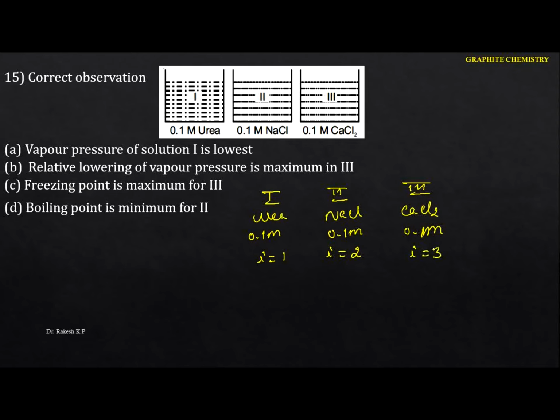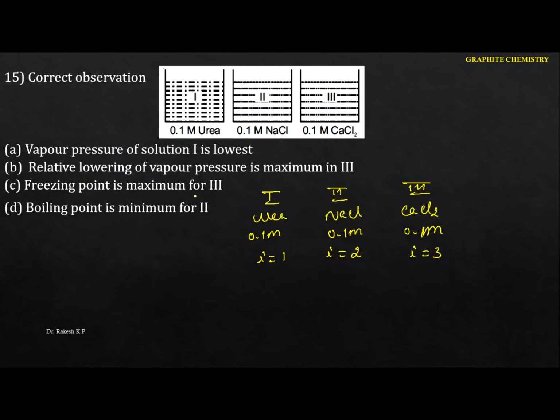Remember the concept that colligative properties depend upon the number of solute particles, but not the nature of the solute particles. All of these are colligative properties except the first one. The vapor pressure of the solution is not a colligative property, but the relative lowering of vapor pressure is a colligative property.